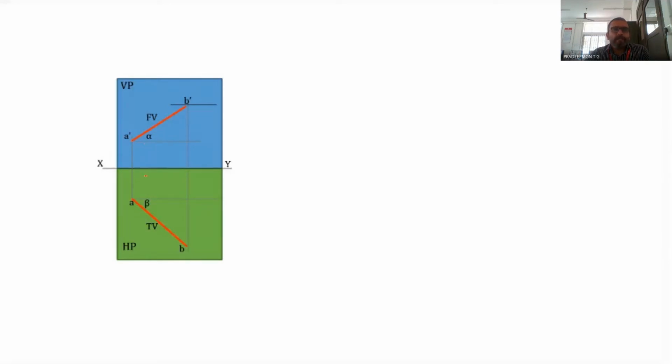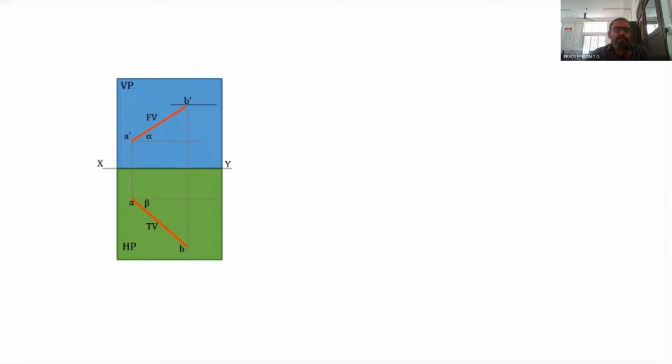That is one question. And is this beta the same as the inclination of the line with the VP? The second question. Obviously we have found out that A dash B dash is not equal to the true length AB, and small ab is not equal to the true length capital AB. So that we have already found out.